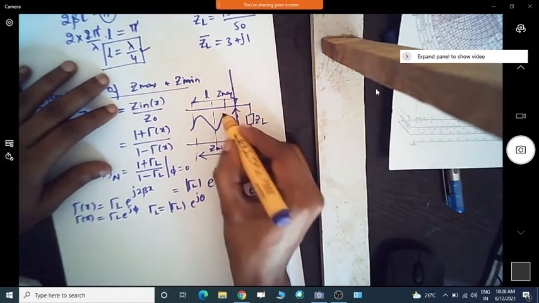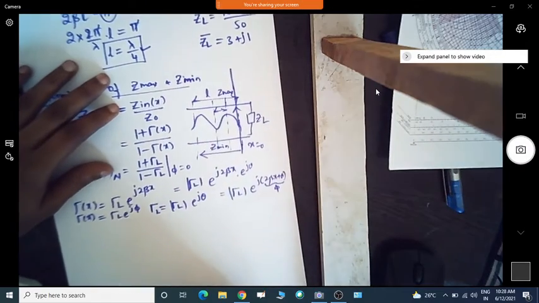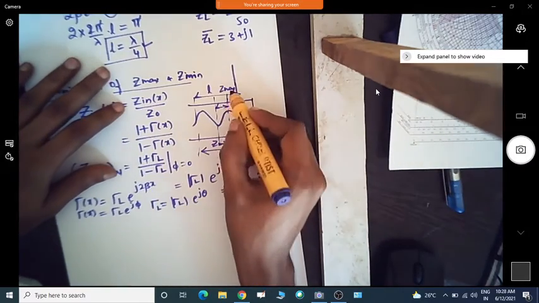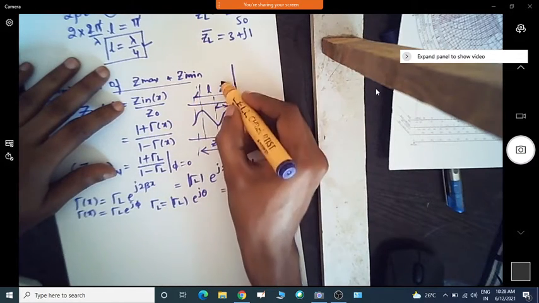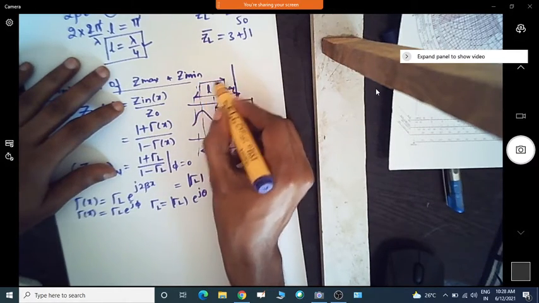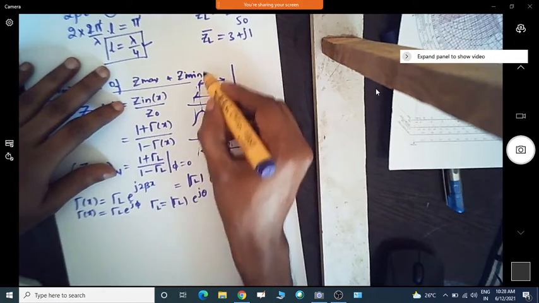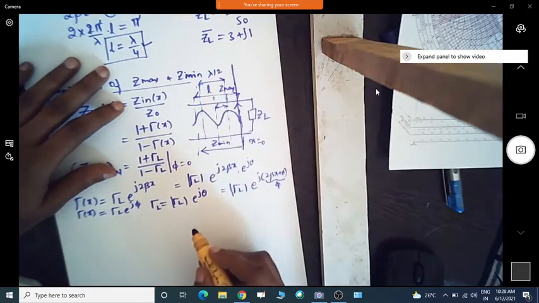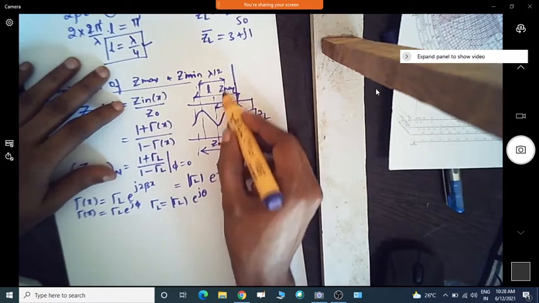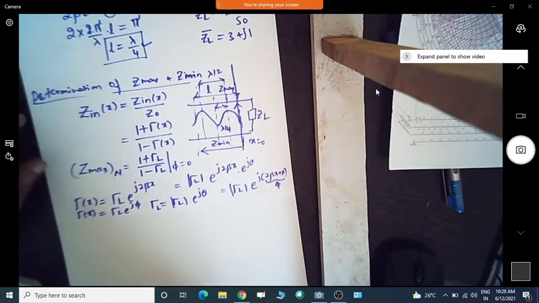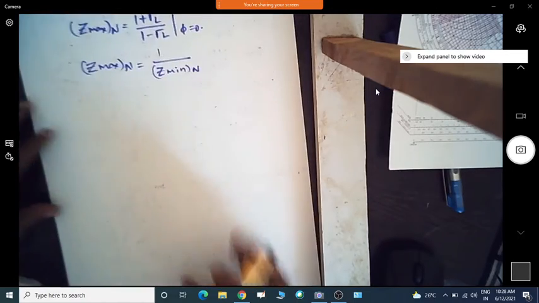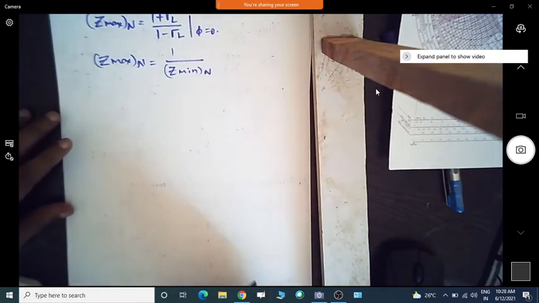We already know the impedance repeats every lambda by 2. So the length between one z max and the next z max is lambda by 2, and the distance between z max and z min is lambda by 4. That is how we can see it in the transmission line also.